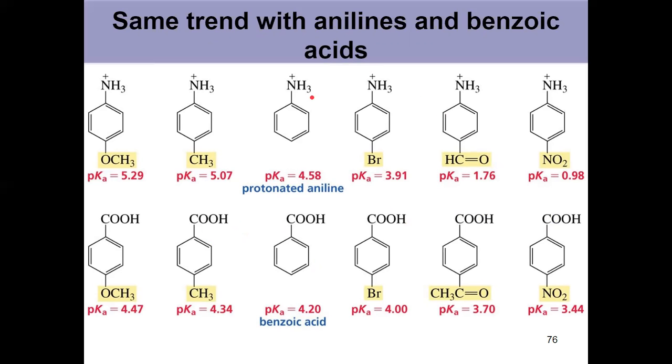Know the approximate pKa of an unsubstituted protonated aniline and an unsubstituted phenol, but also know, not the exact values, but if you put on a halogen, a carbonyl, or a nitro group, or a cyano group that's also listed in the slides, that makes it more acidic. If you put on a methyl group, or a methoxy group, or an ethyl or an ethoxy, anything like that, that makes it a weaker acid.